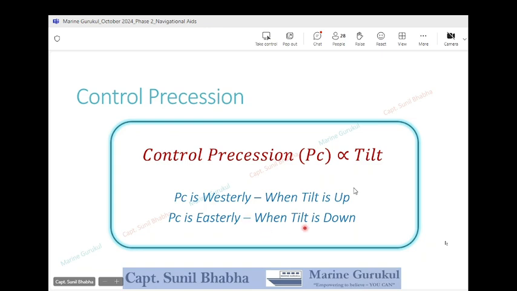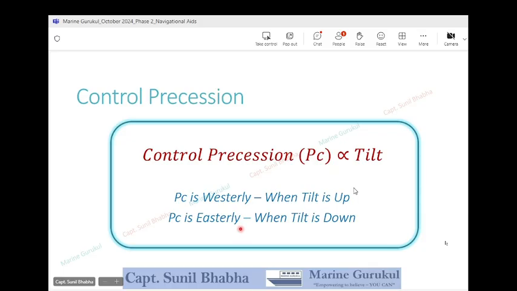Now whenever the spin axis is tilted down, though we have not seen it till now, the control precession which will be generated at the north end of the spin axis will be easterly. So whenever we refer to the direction of the precession, it is always of the north end. As we are interested in the north end of the spin axis, we are not interested in the south end. So remember, when the tilt is up, the control precession is westerly, and when the tilt is down, the control precession is easterly.